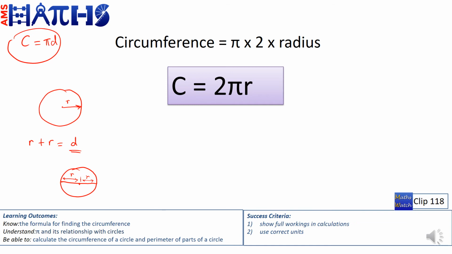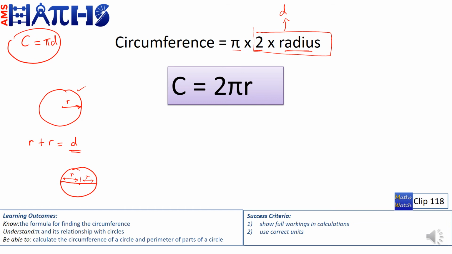Now if we are given a circle with its radius and asked to find our circumference, all we need to do is circumference is equal to pi times 2 times the radius, because 2 times the radius is our diameter. So we see circumference equal pi d, circumference equal pi times 2 times radius.